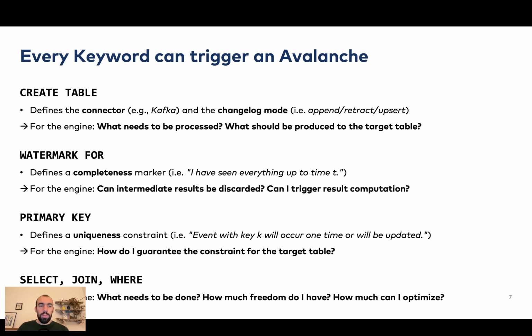Primary key, however, gives the engine information about uniqueness. So it is a uniqueness constraint. It tells the engine event with key K will occur one time or it will be updated. So if it's append only, it will occur only one time.